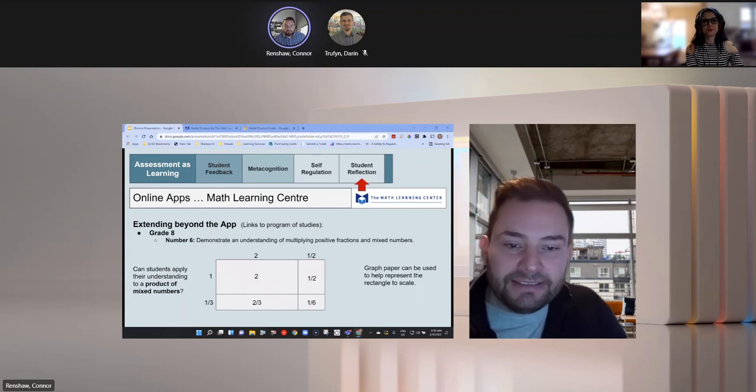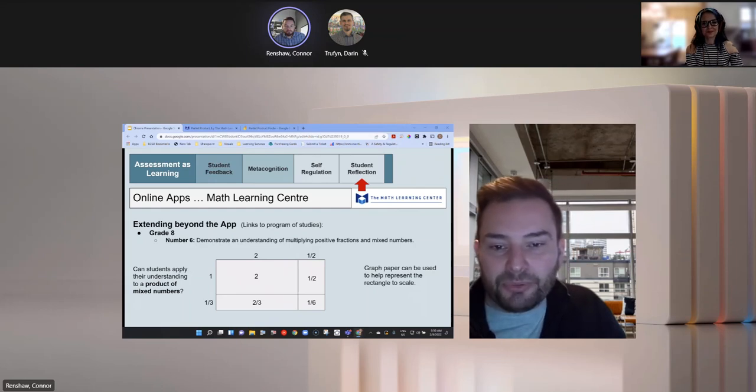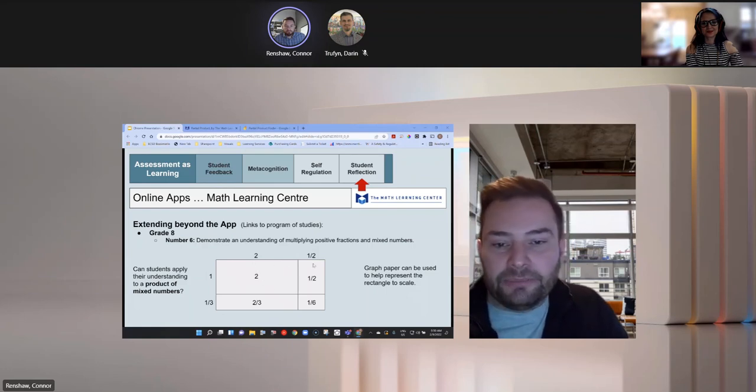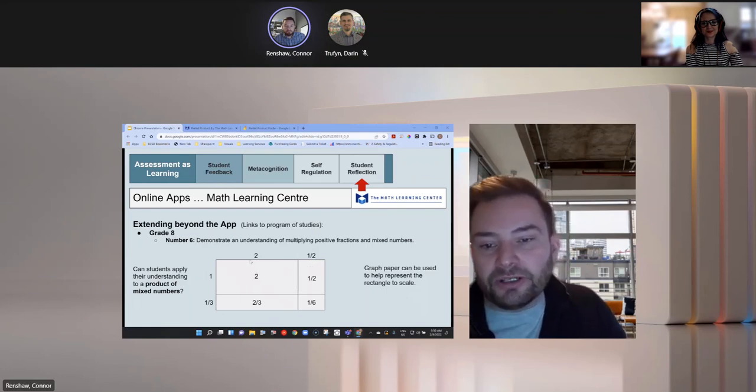We start piecing together all of the little areas that make up the product. So we never actually have to change this into improper fractions if we explore 2 times 1, 1 times 1/2, 2 times 1/3, and 1/2 times 1/3.